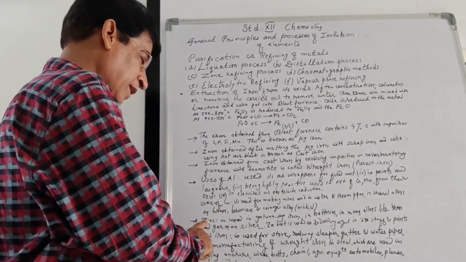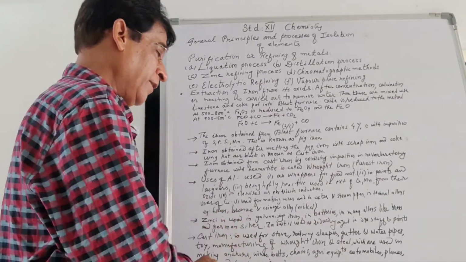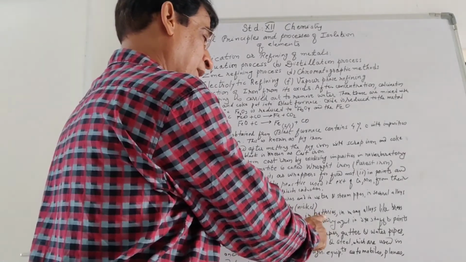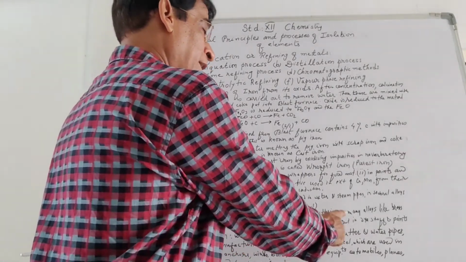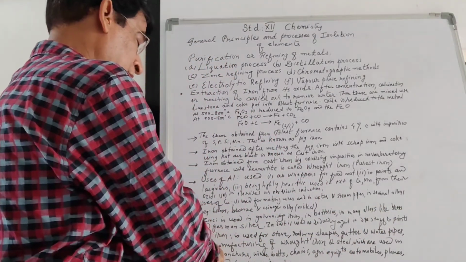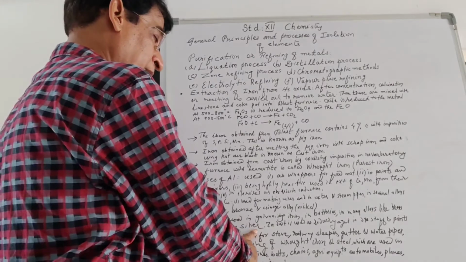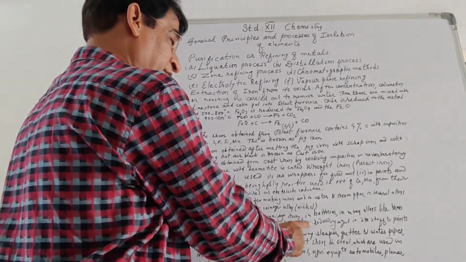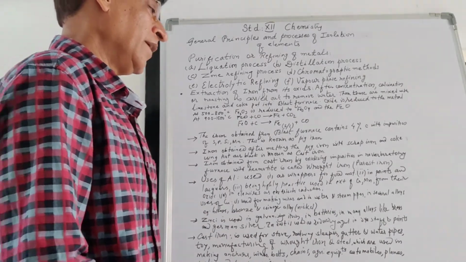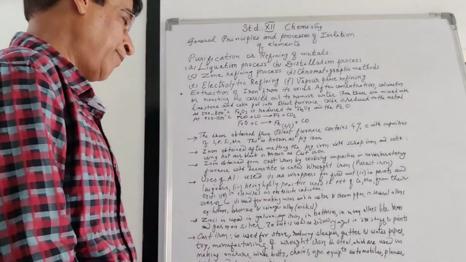Next metal, zinc is used in galvanized iron, in batteries, in many alloys like brass and German silver. Zinc dust is used as reducing agent in dye stuff and paints.